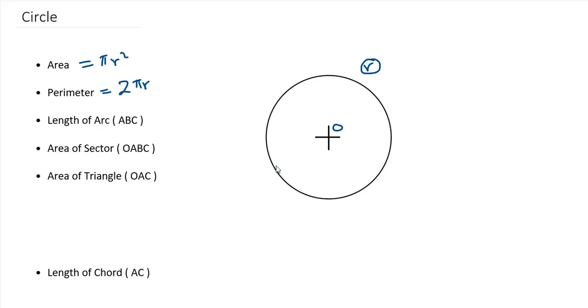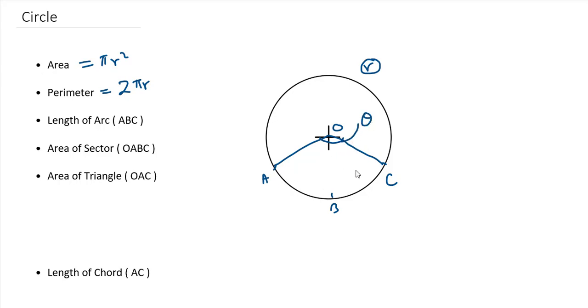Now let us consider an arc ABC. So this arc ABC is called a minor arc and the arc AC is called the major arc. Let us join the endpoints of this arc with the center of the circle, and let the angle formed by this arc at the center of the circle be theta.